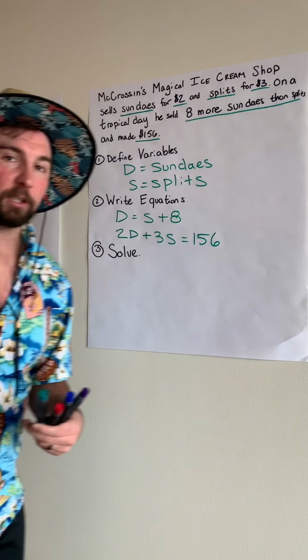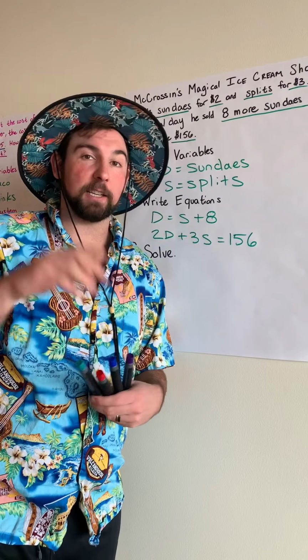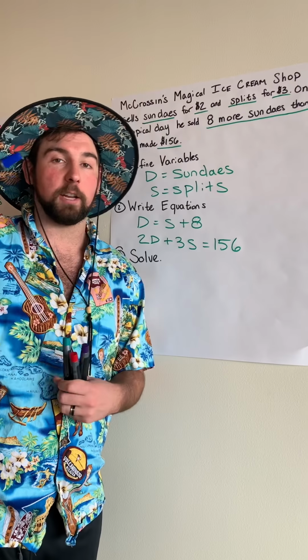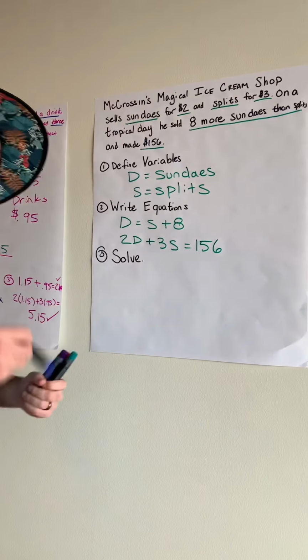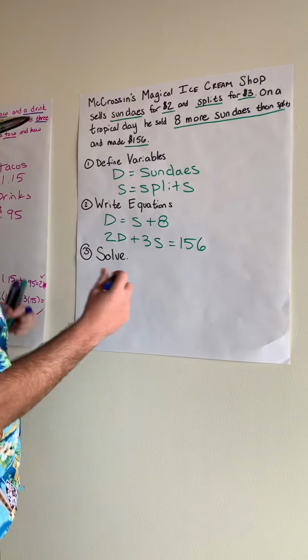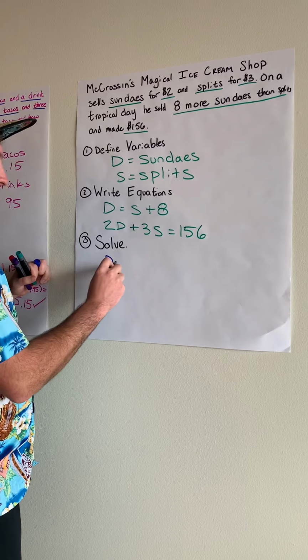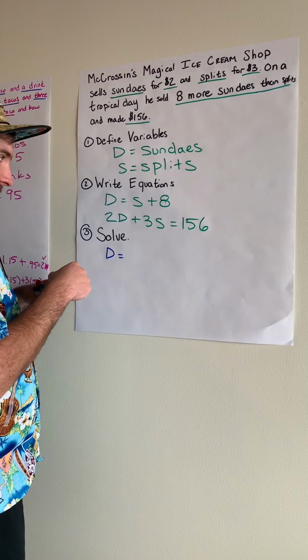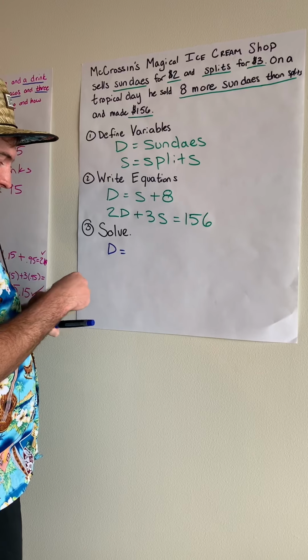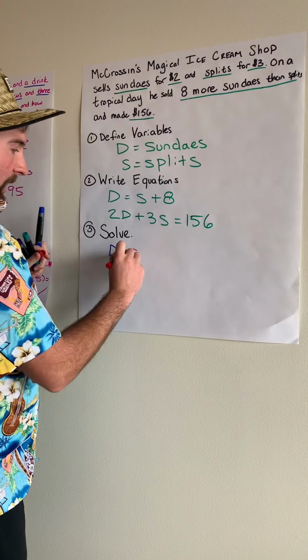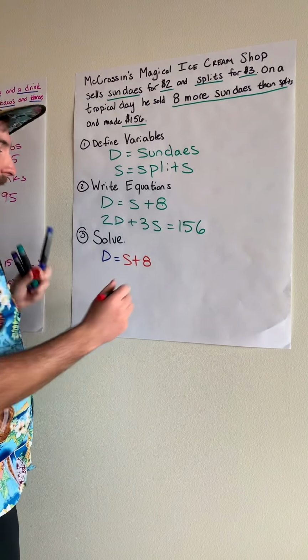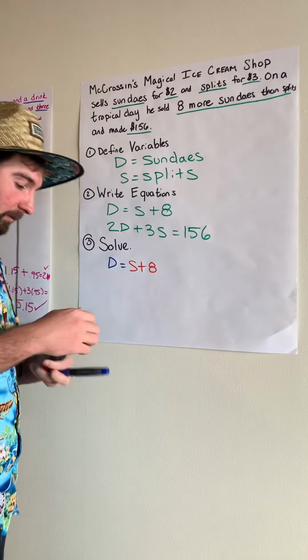I'm gonna show you guys a new method on how to solve these. It's kind of tricky, but if you can follow along, it's really, really cool. It's called substitution, okay? So I have D equals S plus 8. And I'm using different colors for a reason.